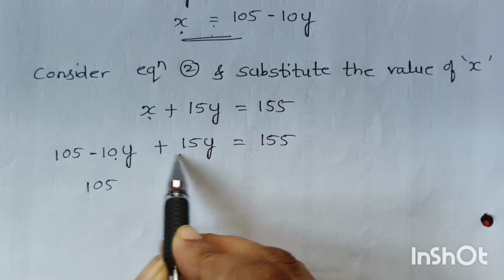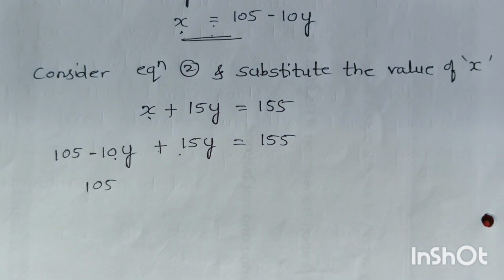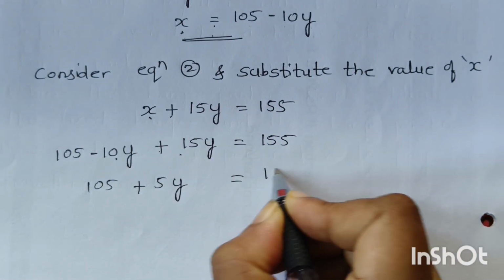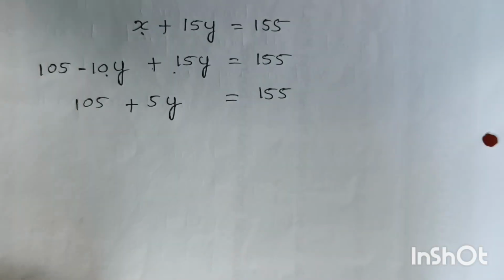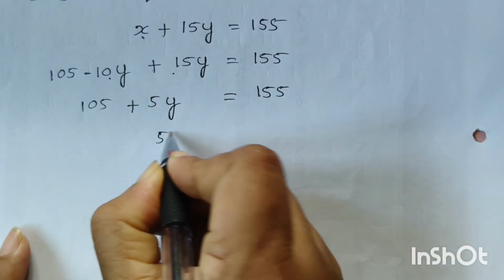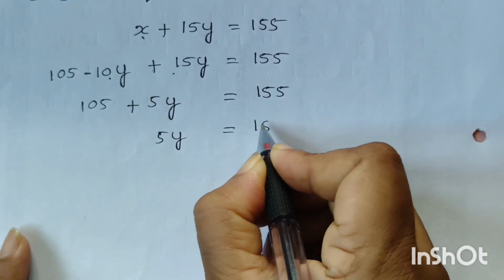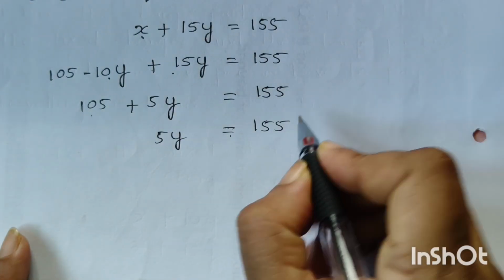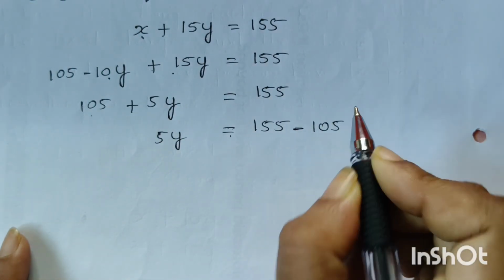105 minus 10y plus 15y. Minus into plus means what we have to do? We have to subtract. That is, minus 10 plus 15 is plus 5y is equal to 155. 5y is equal to 155 minus 105. When it crosses the equal to sign, it becomes minus 105.